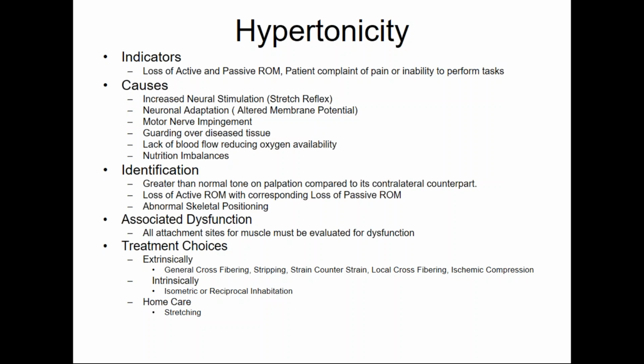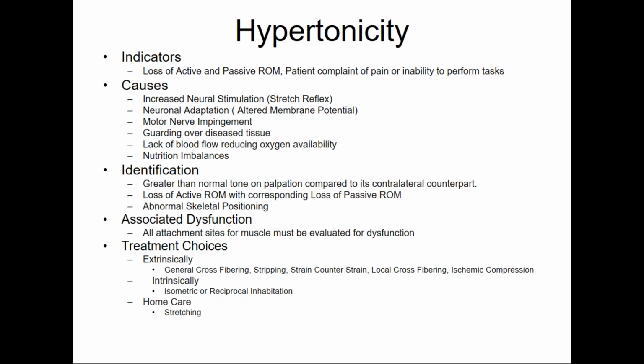Strain counter-strain is you palpate for the end segments of a hypertonicity, apply ischemic type compression into the tissues, and then proximate your thumbs, or in other words, bring your thumbs closer together, maintaining that tension. That would be strain counter-strain technique.